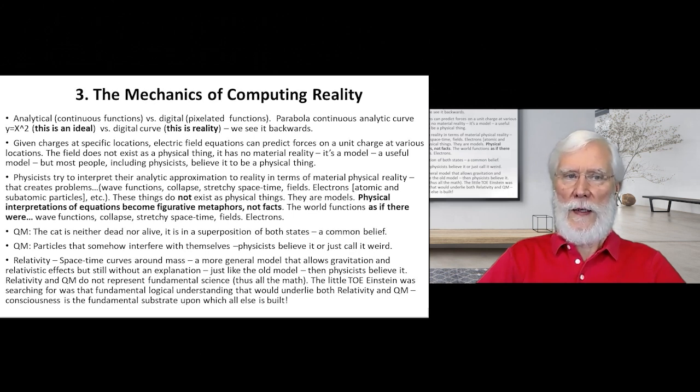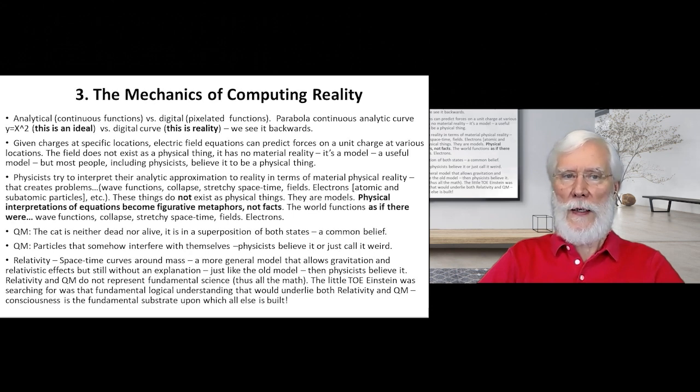Well, we tend to think, well, I'm going to fire a cannon in a place where there is no air, and if there is a uniform gravitational field, that cannonball will travel on a parabola. And if I model that in a computer, it's the analytical continuous function that is the truth, or the way it is, and the digital one is the approximation.